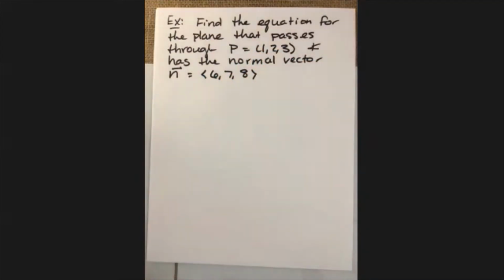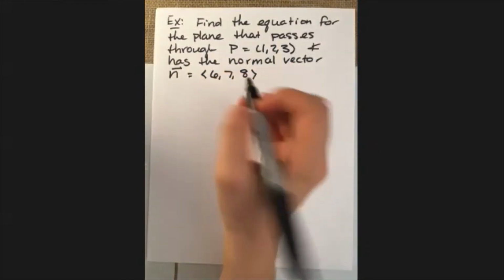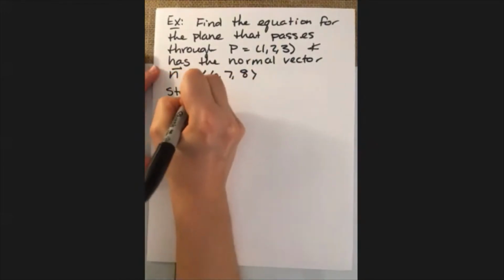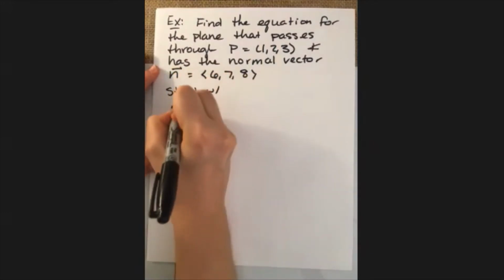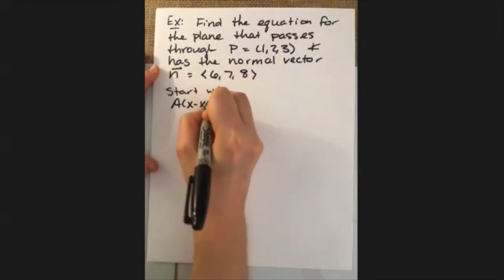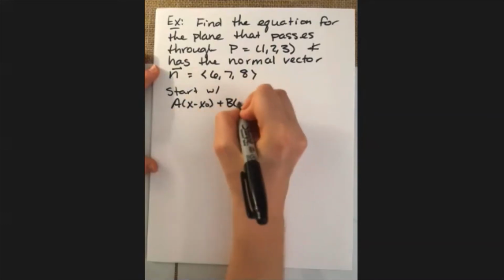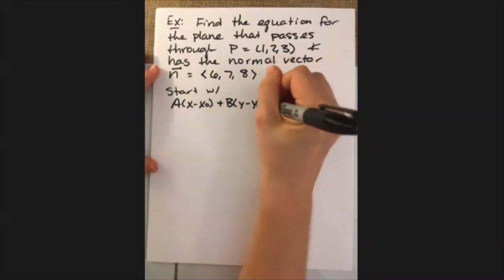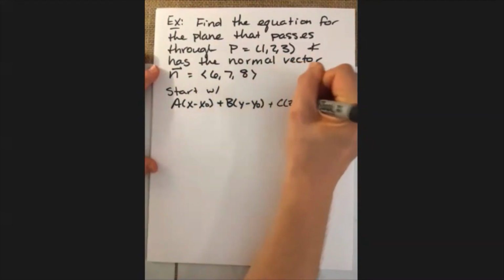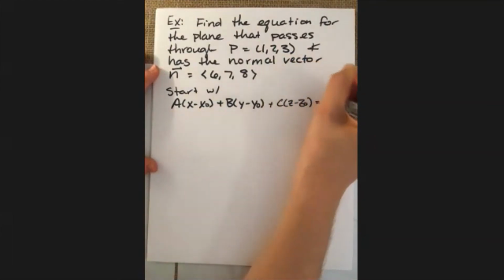Okay. So I always like to start with whatever equation that is that we want to plug things into. So we start with that equation: a times (x minus x naught) plus b times (y minus y naught) plus c times (z minus z naught) is equal to 0.